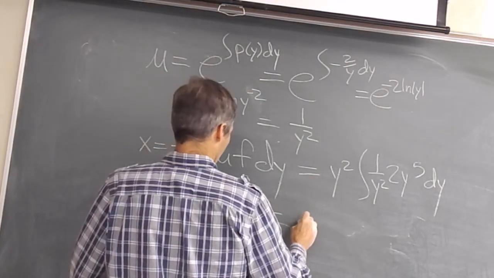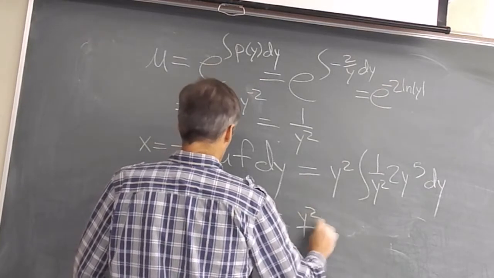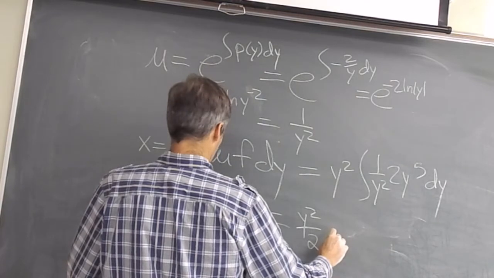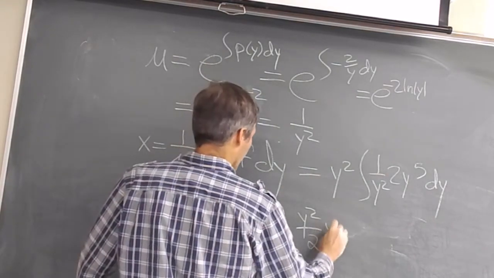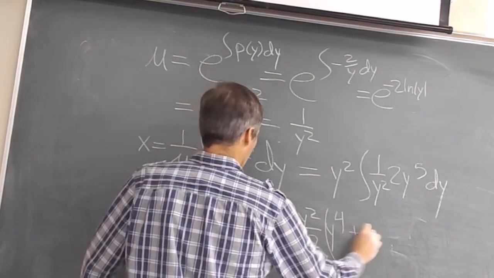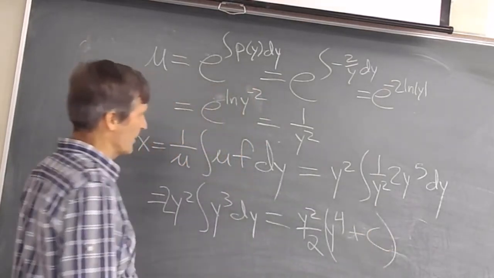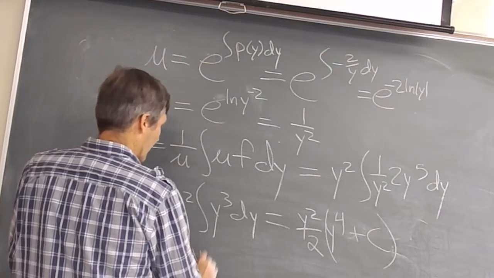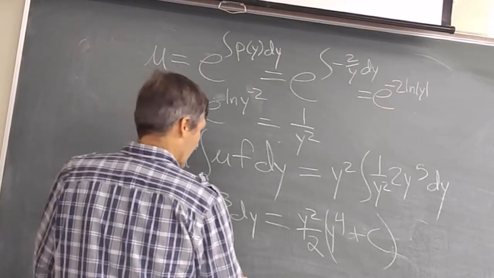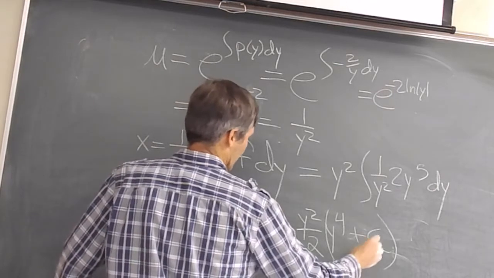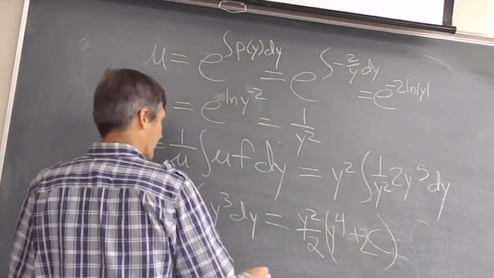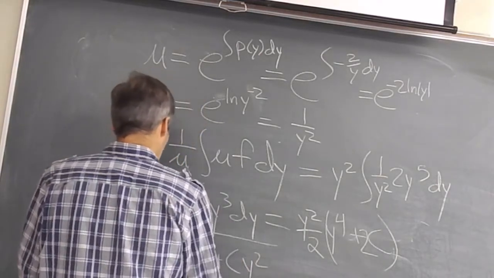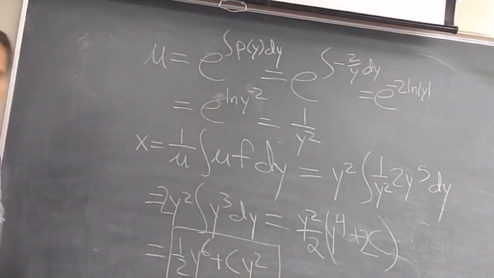So we have y squared over 2 y to the 4th plus a constant, an arbitrary constant from the integration, gives us 1/2 y to the 6th plus, what do you call this constant? 2c, it's an arbitrary constant, then it's plus c times y squared. There's a nice way of expressing the general solution.